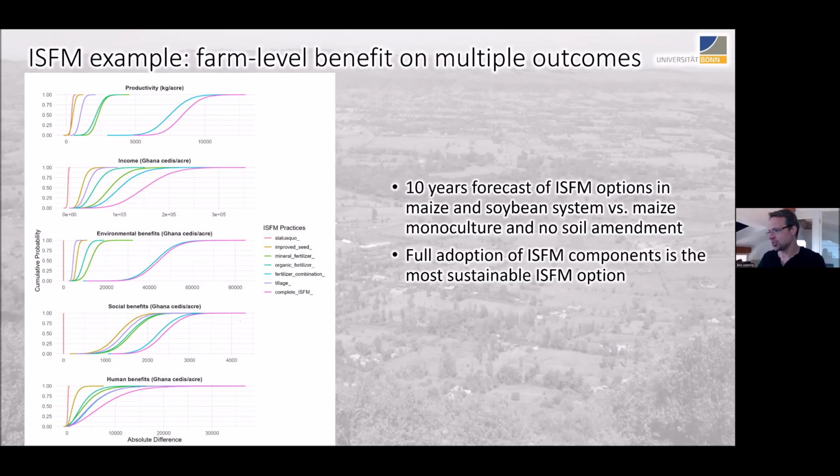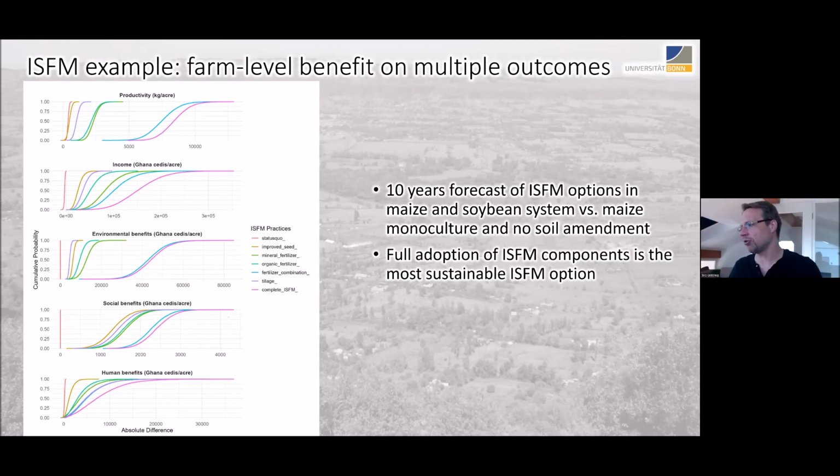We may not be entirely sure, but such an analysis gives weight to our advice to an NGO or to the government, and helps us and them make the business case for the practices that we're promoting.